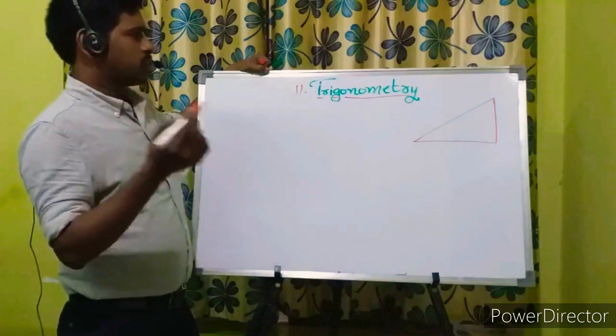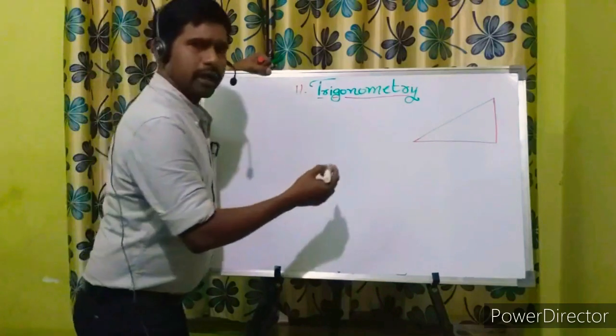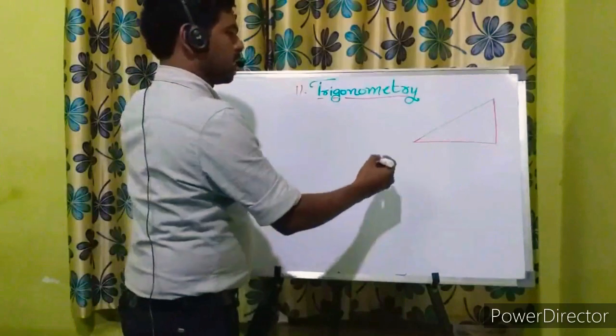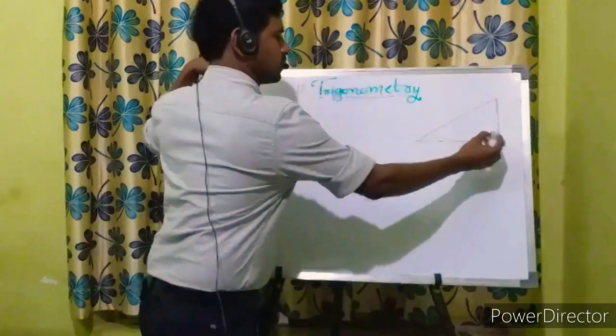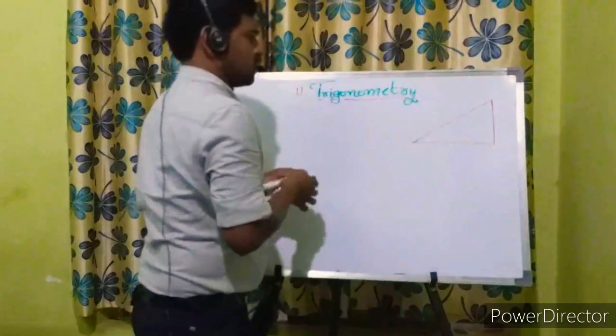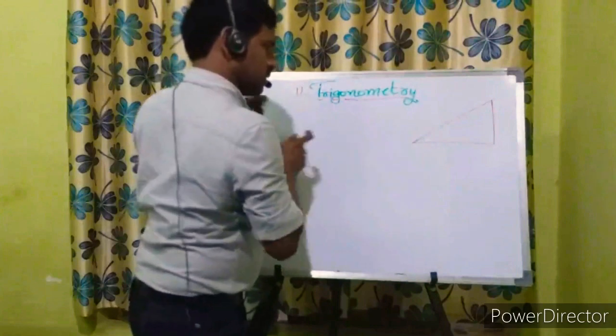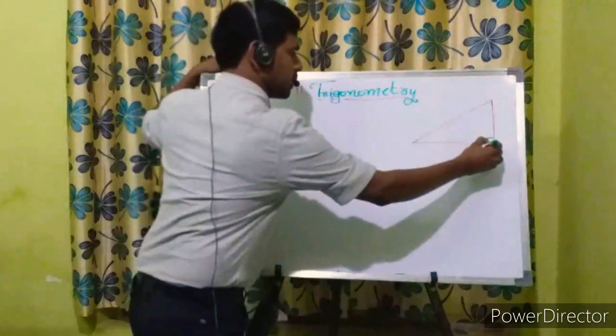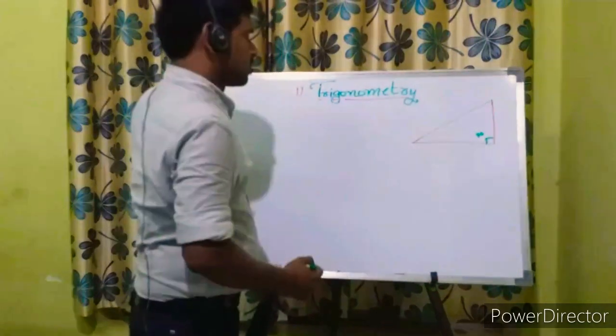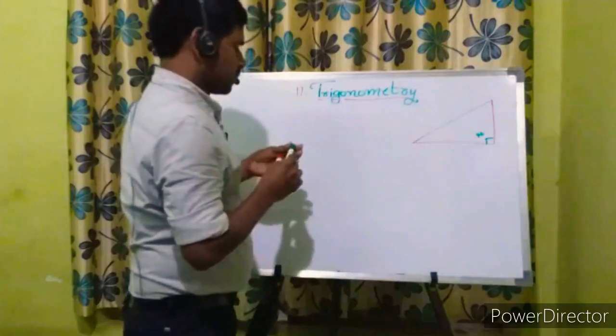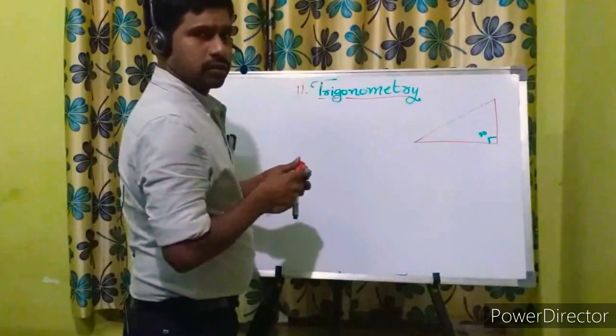Okay, so come to this: there is a right angle triangle. The right angle triangle has a 90 degrees angle. It is divided into some equal parts.